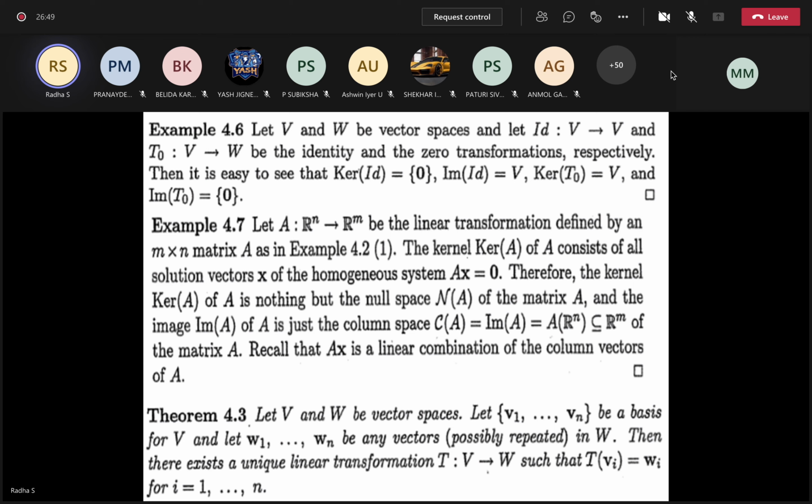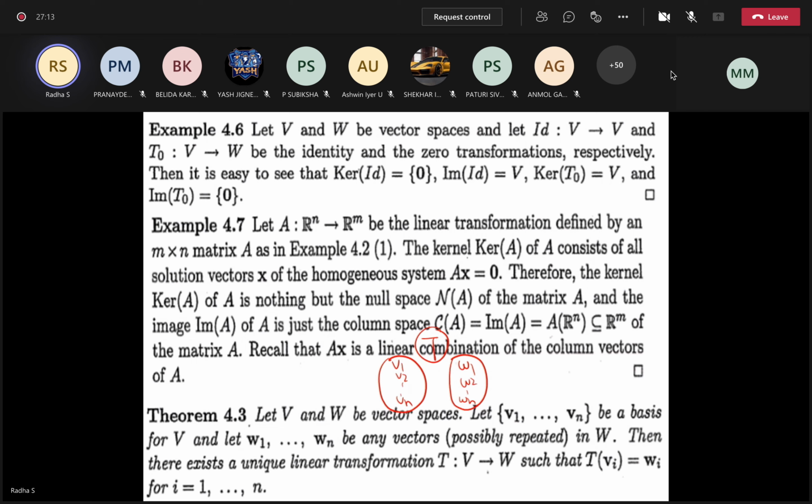They are not a basis, right? Then they are saying that there is a unique linear transformation.